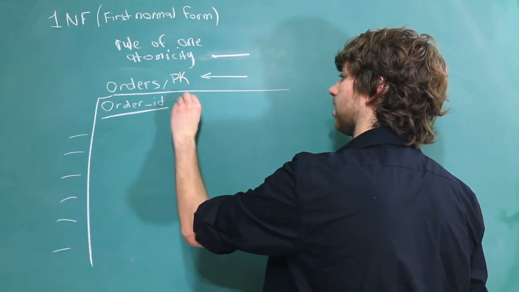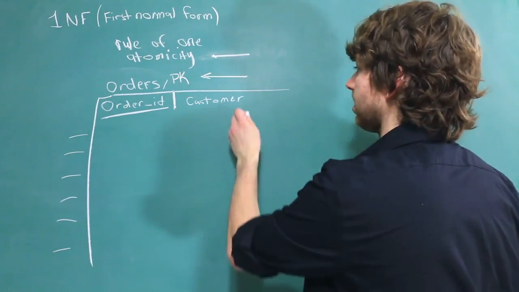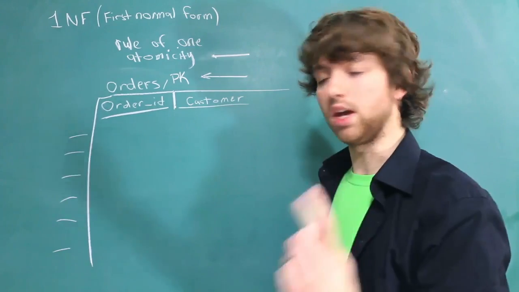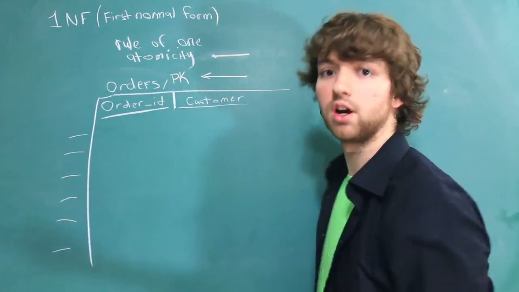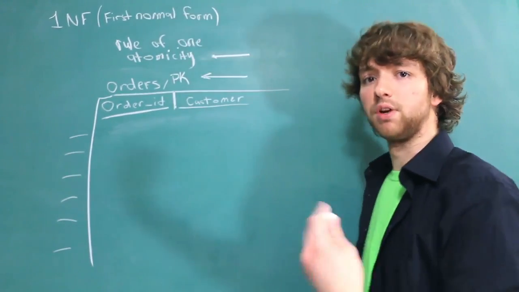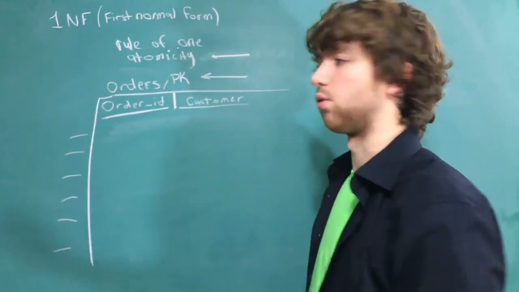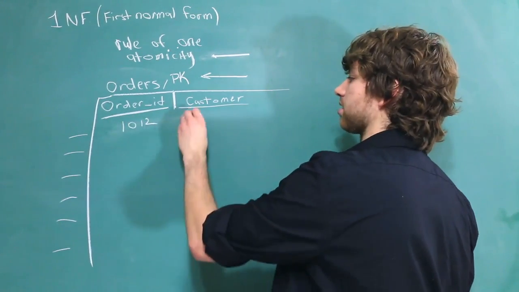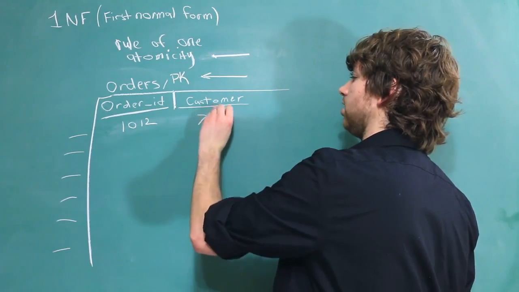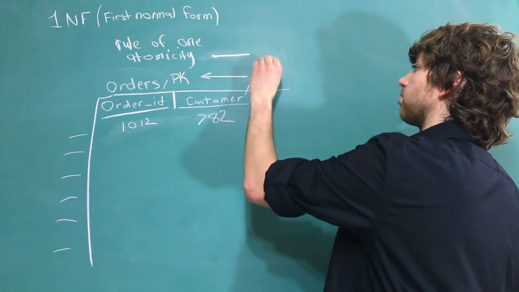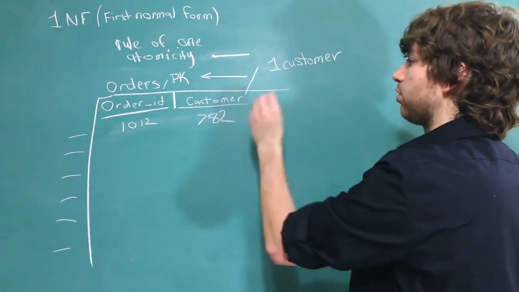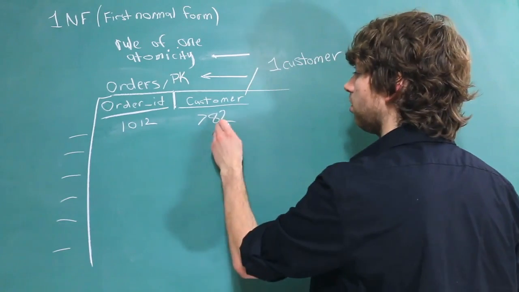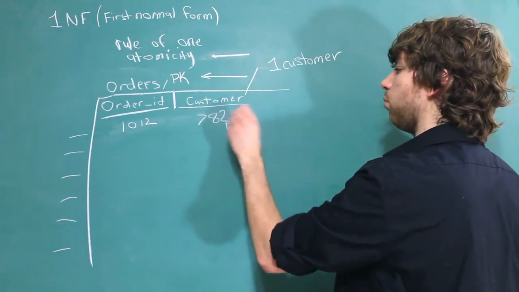We might also have a customer. Now this is a column that stores one thing, so we would have one customer. So let's say we have a website where you can buy stuff, someone places an order, it might be order 1012, with the customer ID of 782. All we are doing is storing one customer. If we look at the value for an individual row, we are storing one customer.